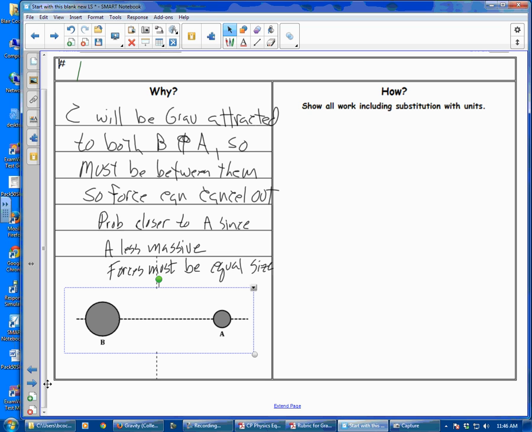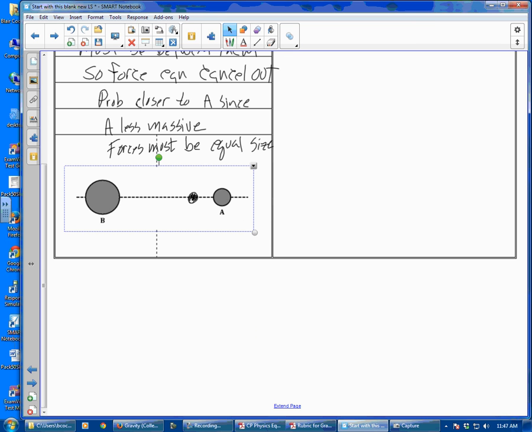So then I need my force diagram. Let's put object C right here. Send the page so I can see it better. And then we'd have the force and force, and force and force.